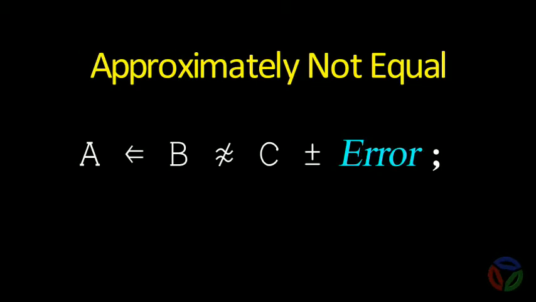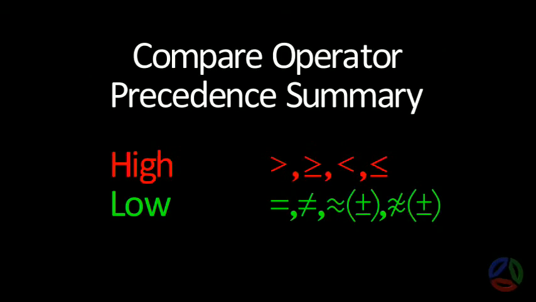To obtain the antithesis to this operation, replace the Unicode approximately equal symbol with the Unicode approximately not equal symbol. The precedence of the approximately equal, not equal operators, along with their plus or minus auxiliary operator, is the same as that for the compare equal and compare not equal operators.